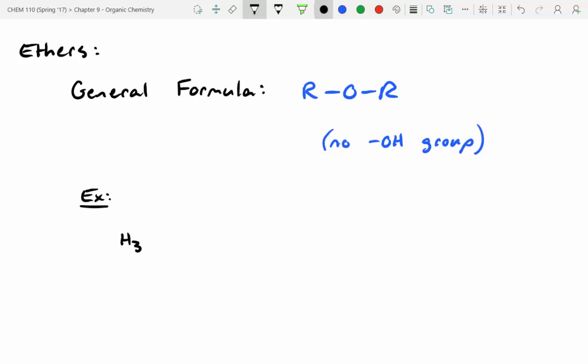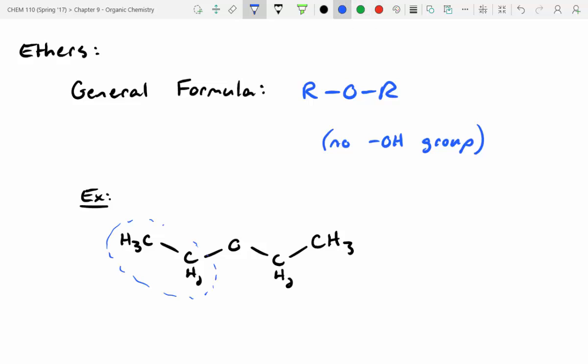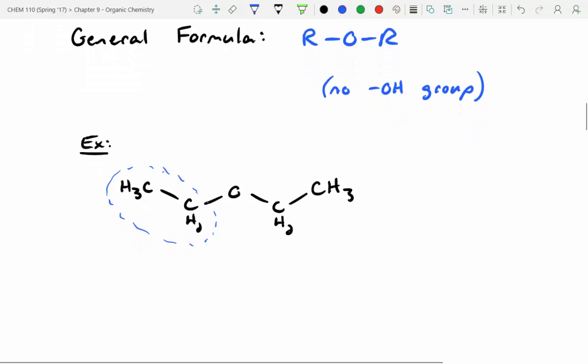Okay, so let's take some examples here. Let's say I've got this molecule. We have to kind of break it apart into groups, so I'm going to just take a look at this portion over here. What group is that going to be? Yeah, it's going to be an ethyl group, because we add that YL if it's a substituent.